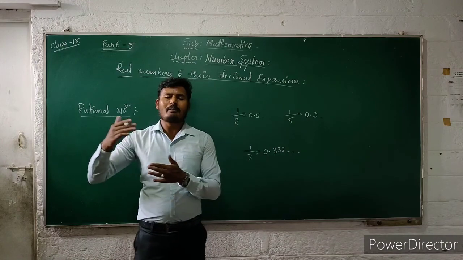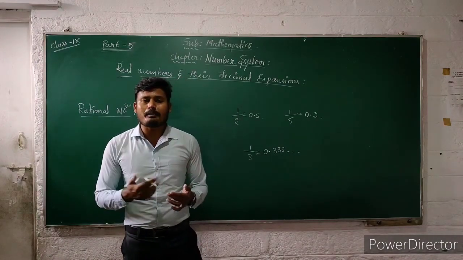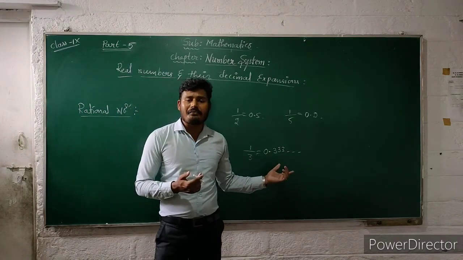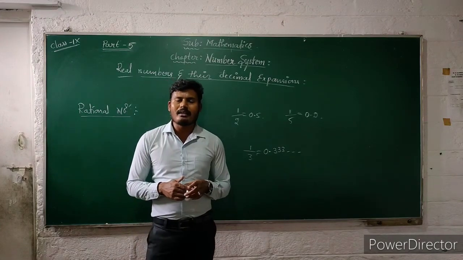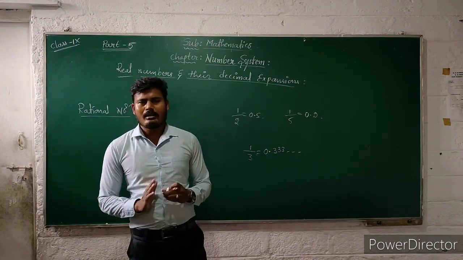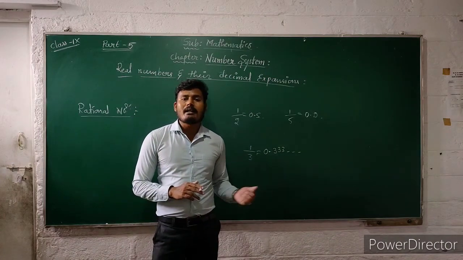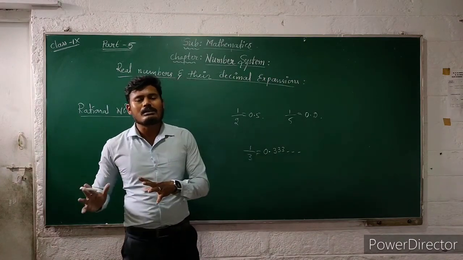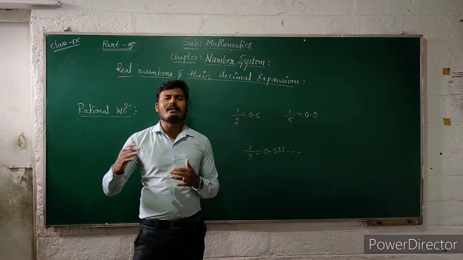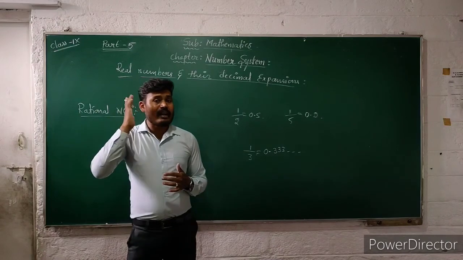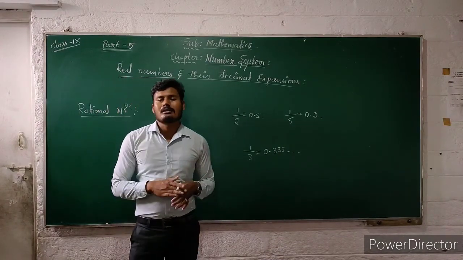But some division processes won't end with 0, like 1 by 3. If you divide 1 by 3, the remainder won't become 0. So these are the two different ways of identifying the remainders that occur in the division process.